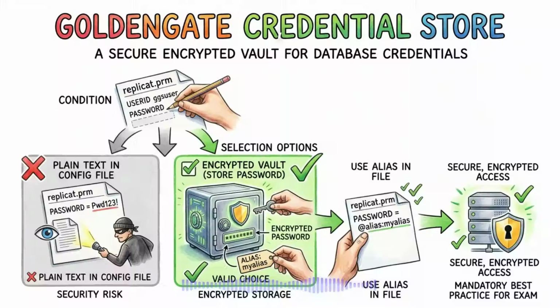When organizing your GoldenGate installation, you need to understand the distinction between the software home directory and the deployment home directory. The software home directory, which administrators refer to as the OG_home, is where the actual unchangeable execution files and system libraries reside after installation.